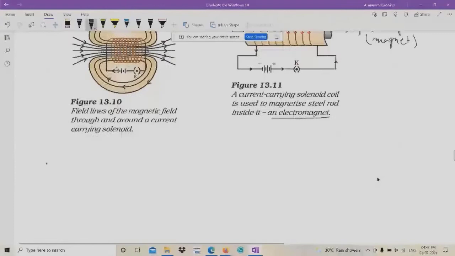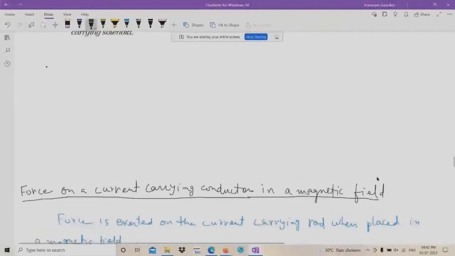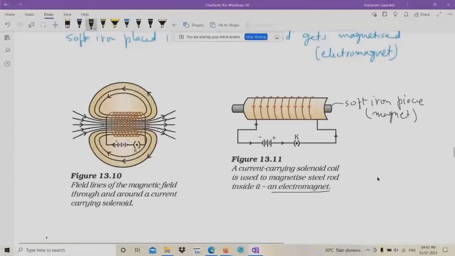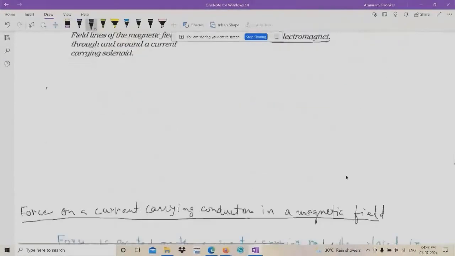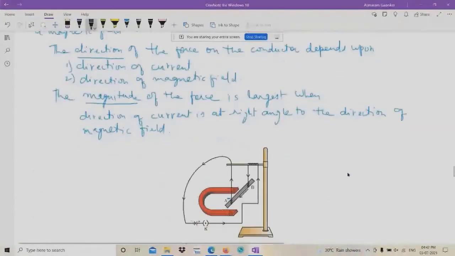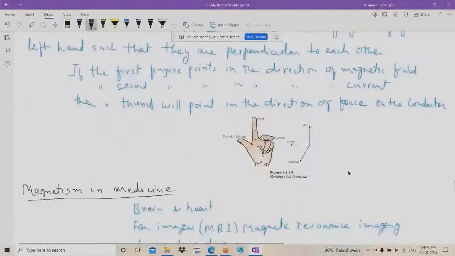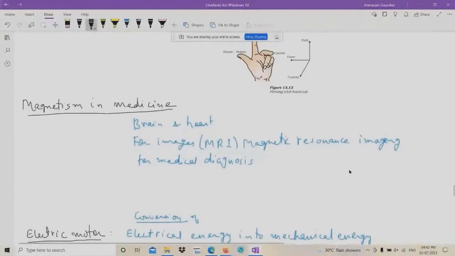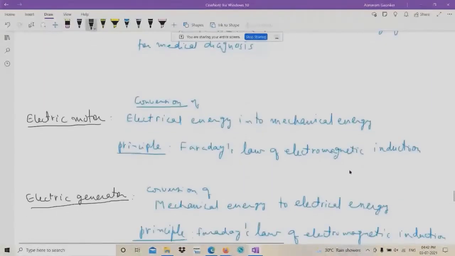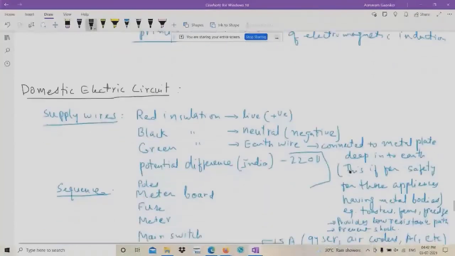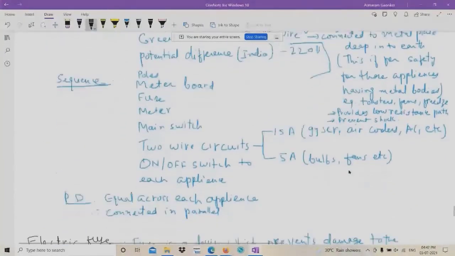So this is about the current carrying conductors in various forms. And with this discussion, let us go to solve some questions, and then we will come to the force acting on the solenoid, Fleming's left hand rule, then magnetism in medicine, electric motor, electric generator, and domestic electric circuit.